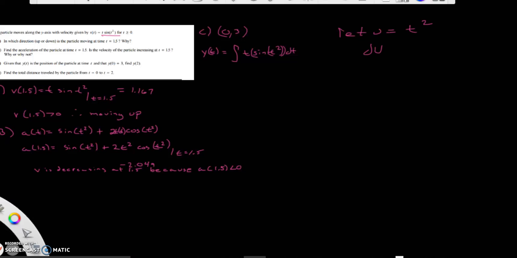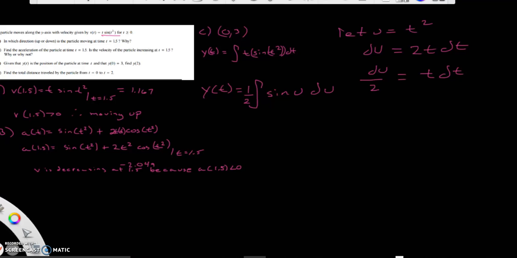So du is going to equal 2t dt, or du over 2 is going to equal t dt. So now we have y of t is going to equal the integral, pull the 1/2 out, and now we have sine u du.